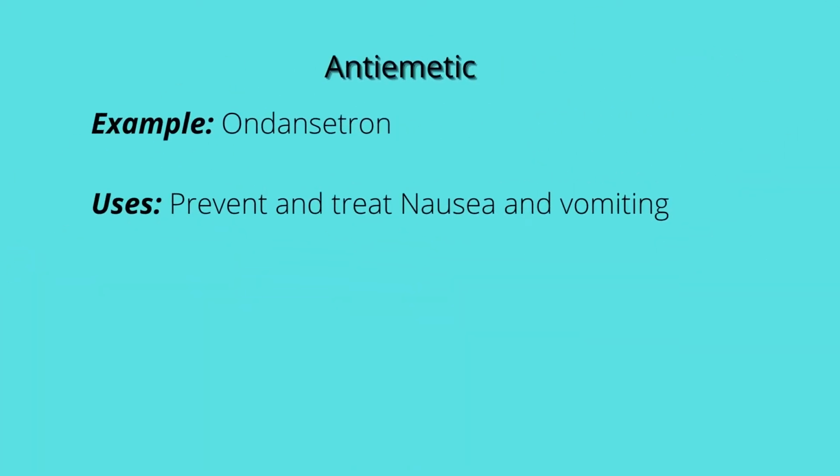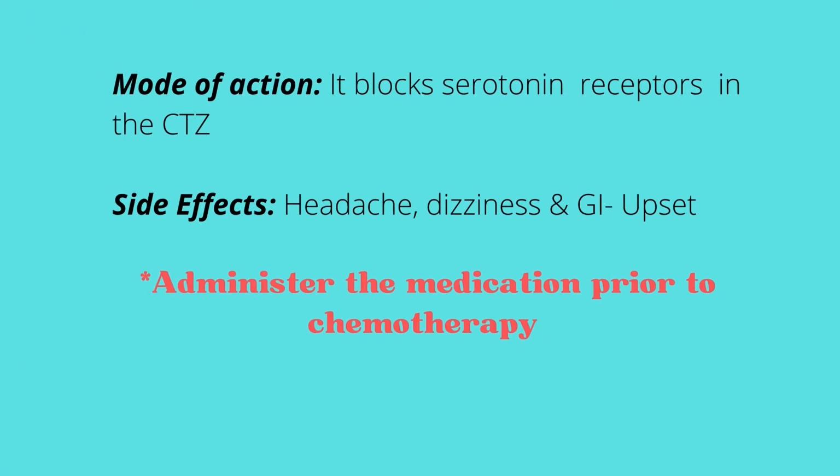So antiemetics. An example for this is ondansetron, Zofran. We all know Zofran, right? It's used to prevent what? Nausea and vomiting related to what? Chemotherapy, radiation, post-operative patients, and also with pregnant women.